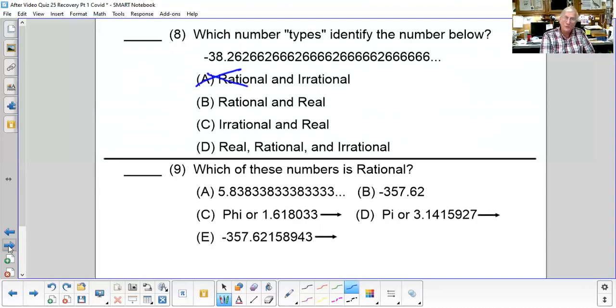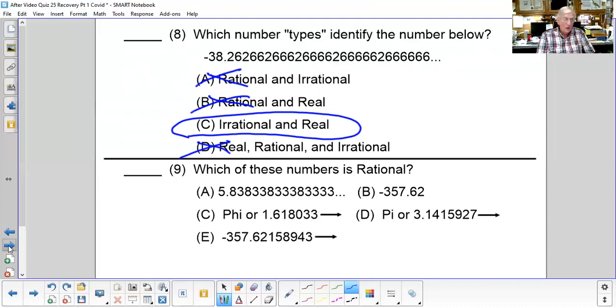Could it be rational and real? Well, rational numbers are all real, but this is not a rational number, so that's no good. How about irrational and real? Yes, this number that you see in problem 8 is definitely irrational, and all irrational numbers are real numbers. Therefore, that is your correct answer. How about D? They can't be rational and irrational at the same time, so it cannot be D.